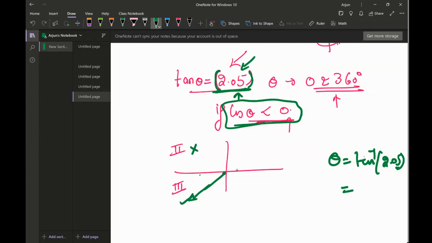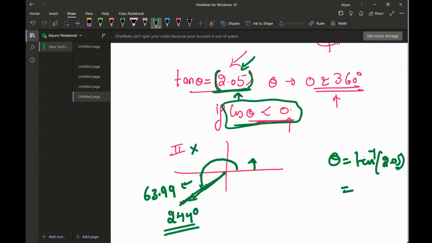So 63.99 as a principal angle, and I'll go 63.99 in this direction also. So this is 63.99, and this whole angle will become 180 plus 63.99, which is approximately 244 degrees.